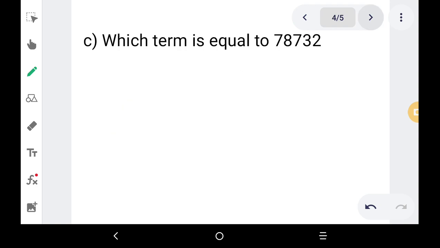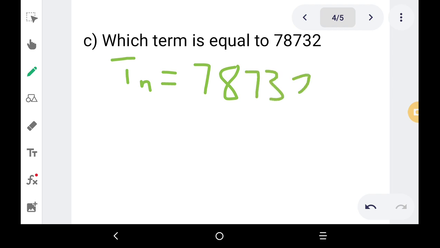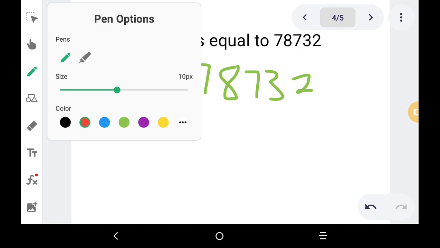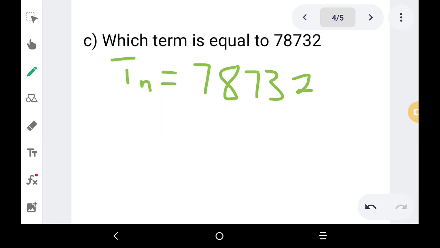Let's move on to the next question, which asks which term is going to equal 78732. In other words, we are given the value and we're looking for the position, which means Tn should be 78732.